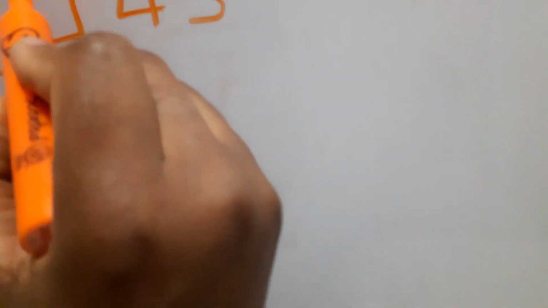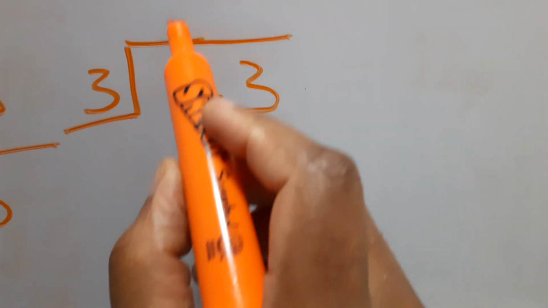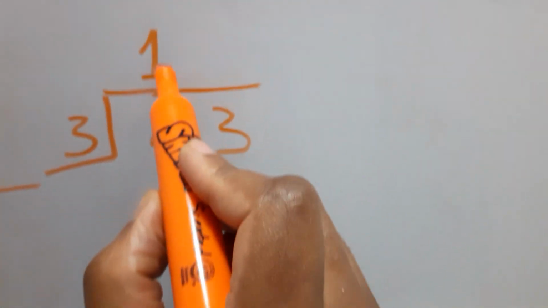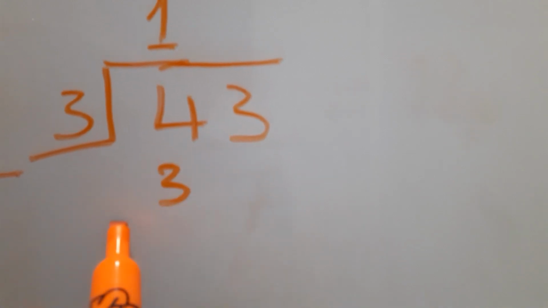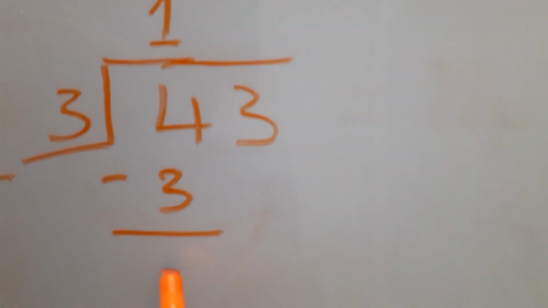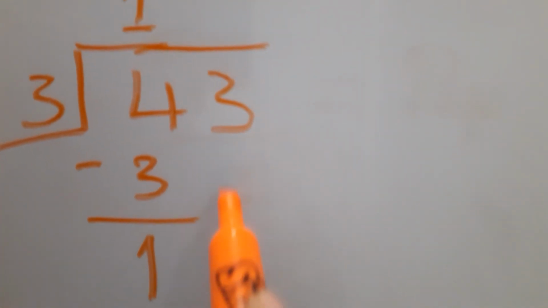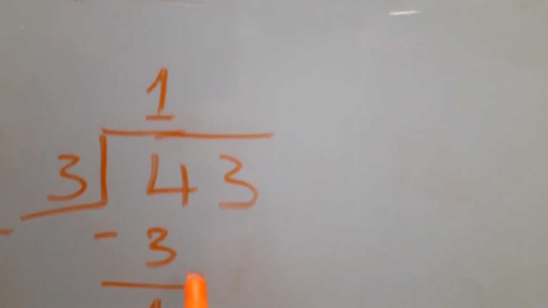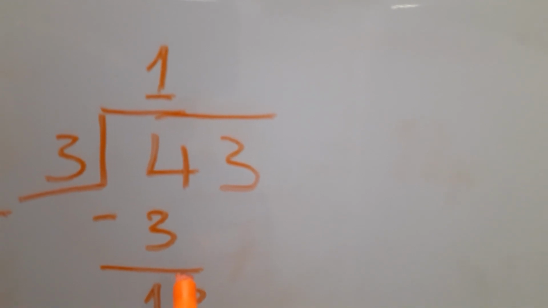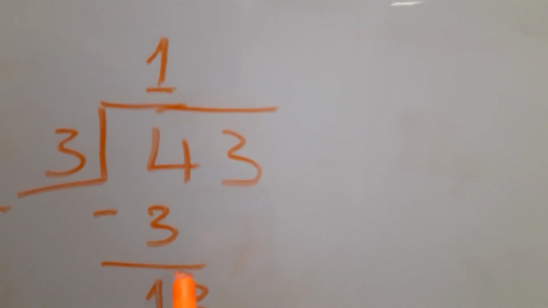43 and 3. 4 divided by 3 is 1. And we have 3. 4 minus 3 is 1. Remember the 3, we bring it down, so we have 13. 13 divided by 3. We know from our 3 times table that 3 times 4 is 12.